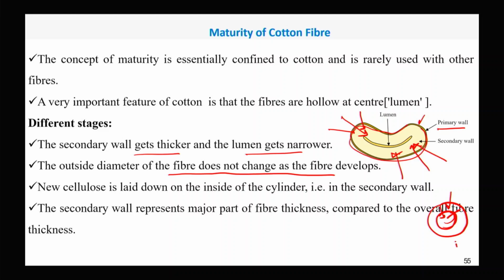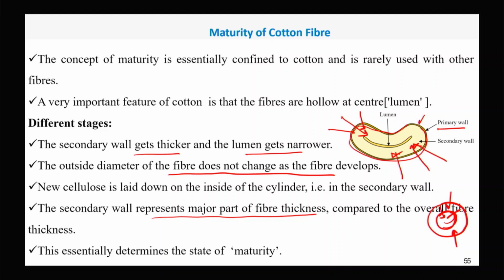If the secondary wall formation is not proper due to different factors, then it will be called an immature fiber. The secondary wall typically represents the major part of the thickness of the fiber, so it essentially determines the state of maturity.